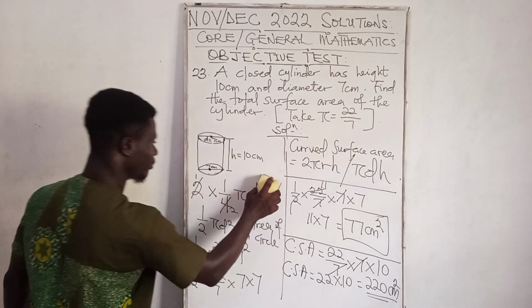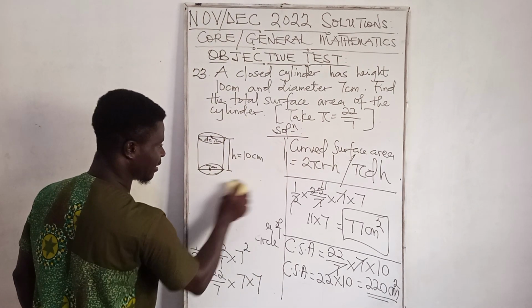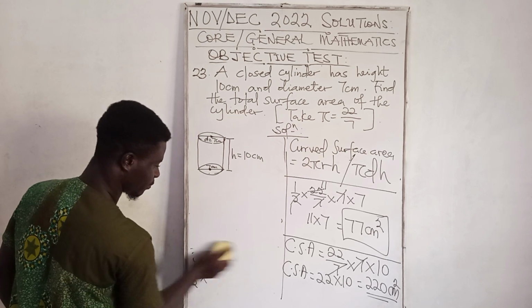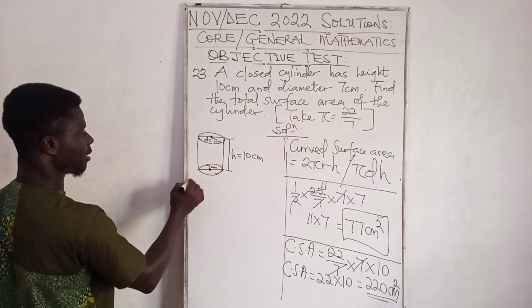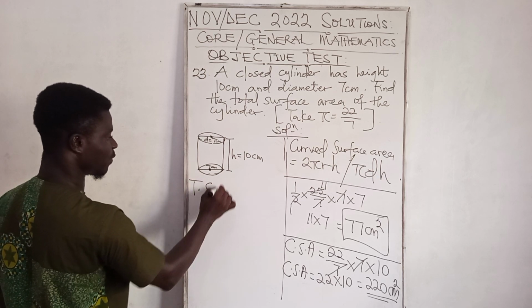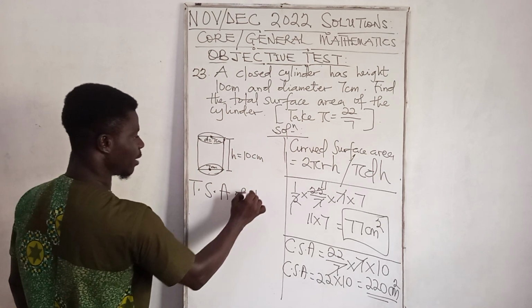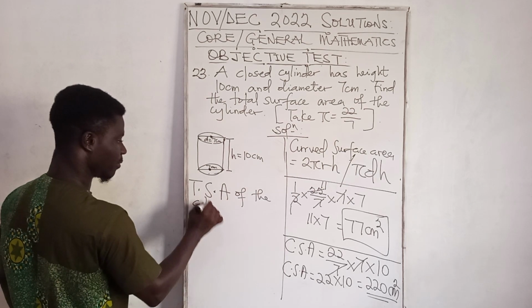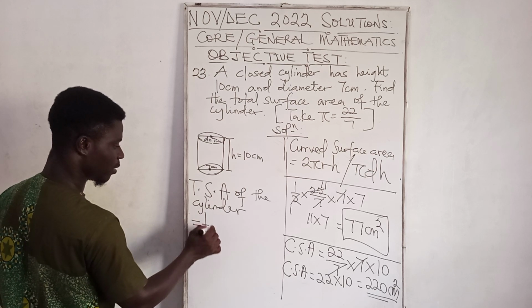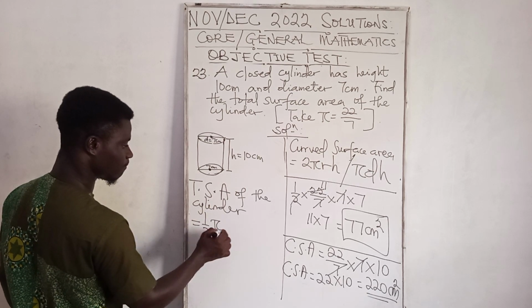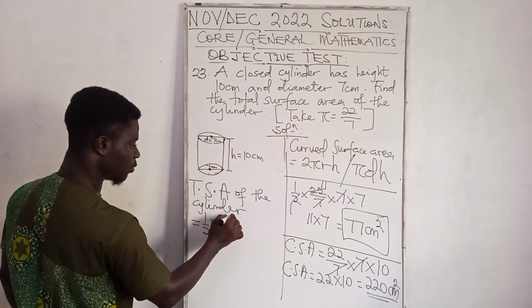So now, they said we should find the total surface area of the cylinder. My formula was half pi d squared plus pi d h.